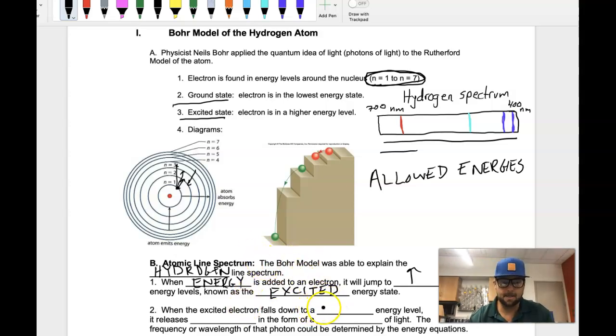And then when this excited electron falls down to, it doesn't have to be the ground state, but any lower energy level, it'll release energy in the form of a photon of light.